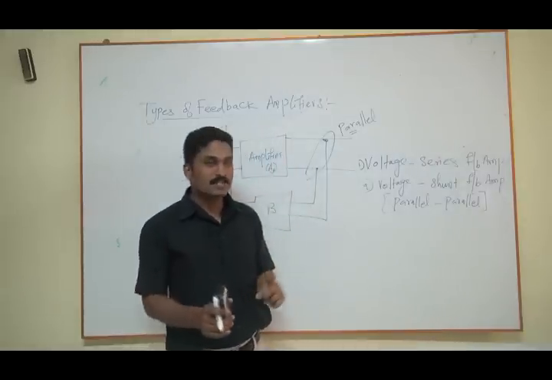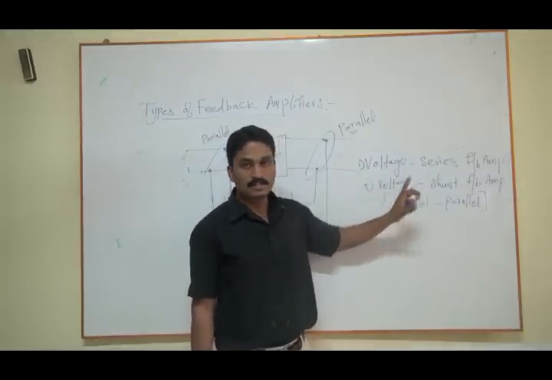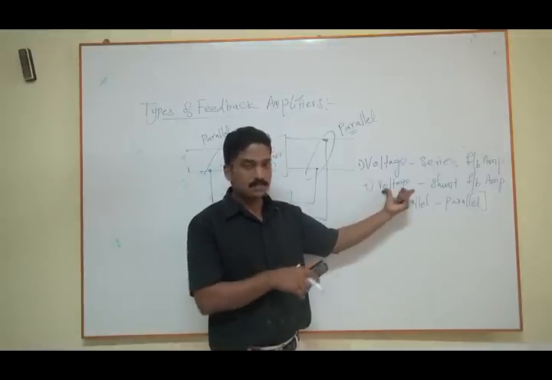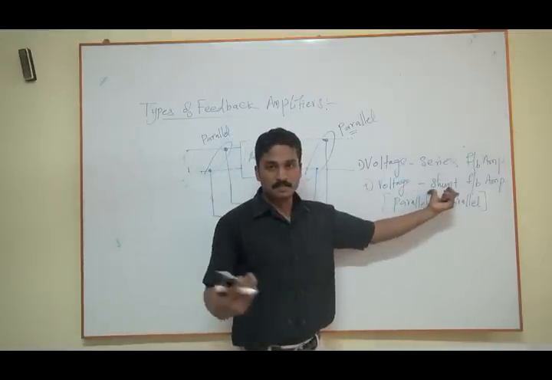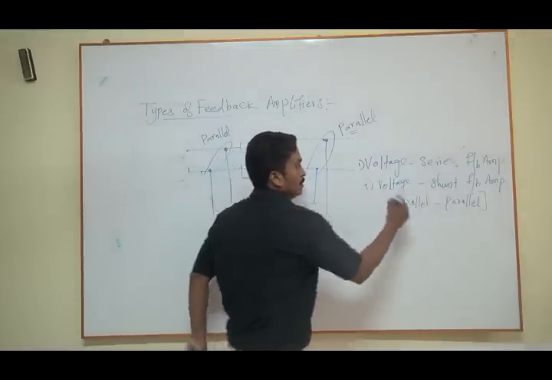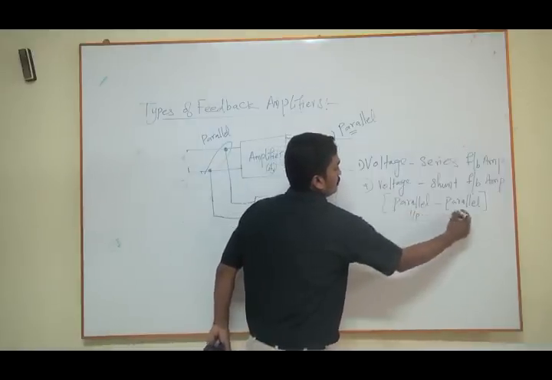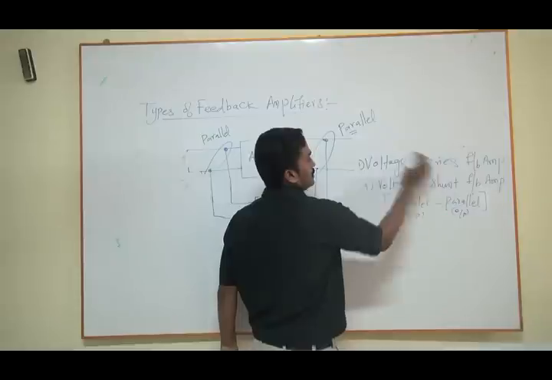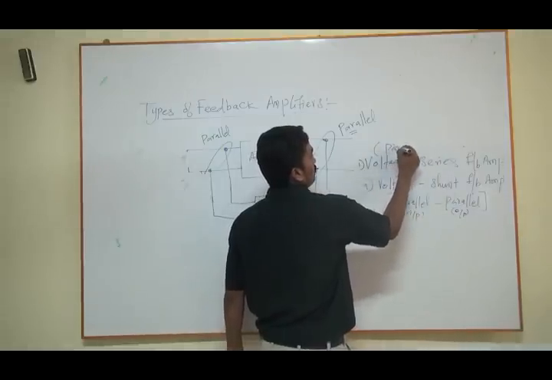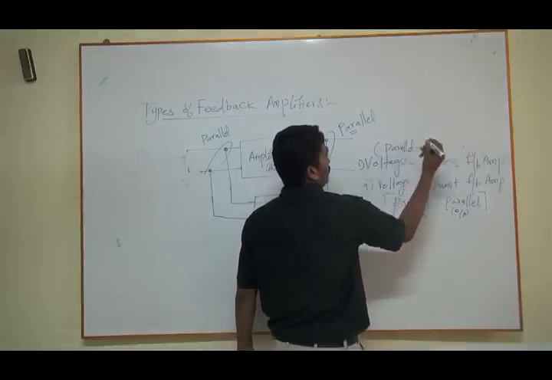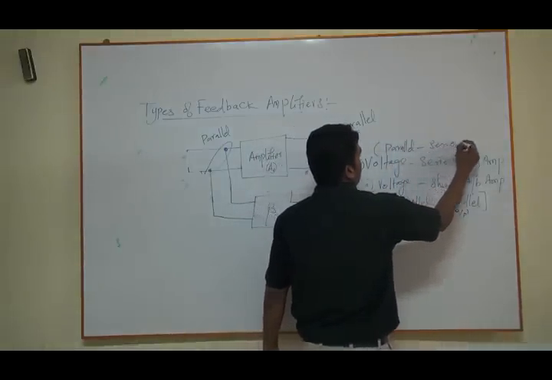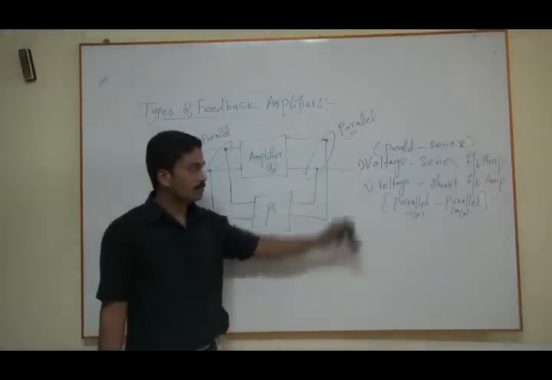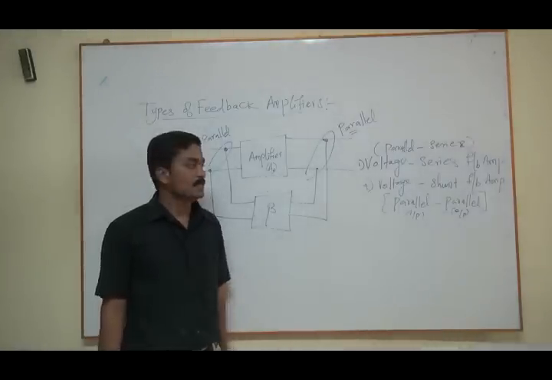But if you want to mention it in terms of voltage and voltage series, you have to write the output first and the input connection second, right? So this is the input side and this is the output side. So one can write voltage series in terms of parallel series feedback amplifier. I hope this was clear, right?